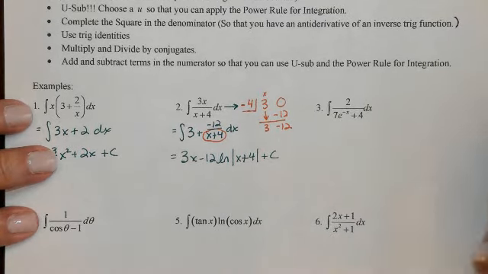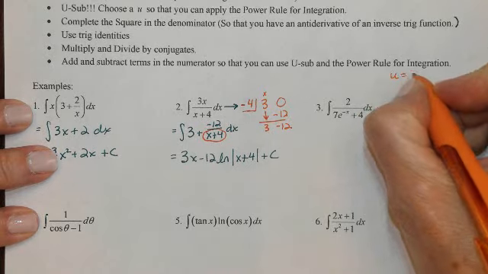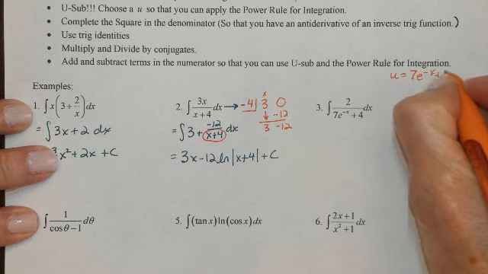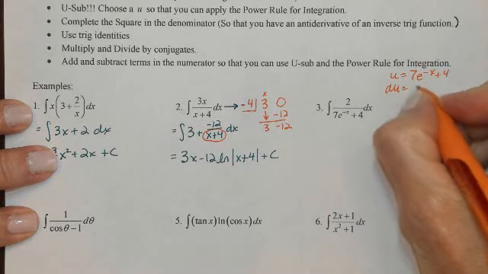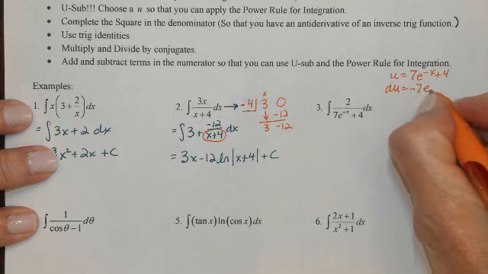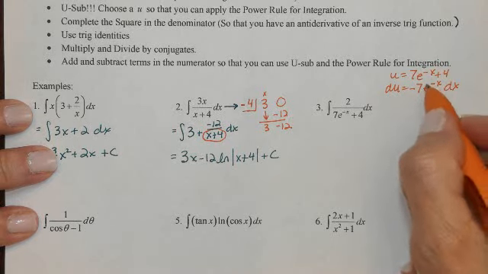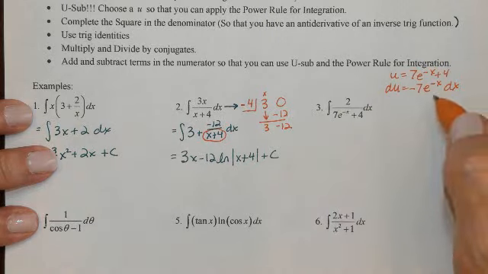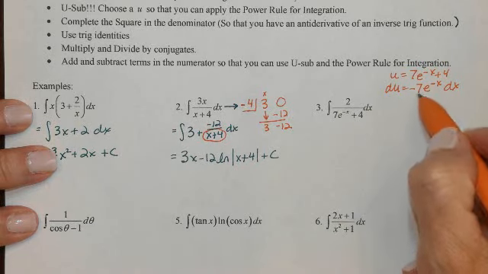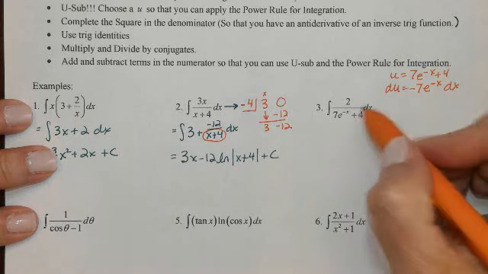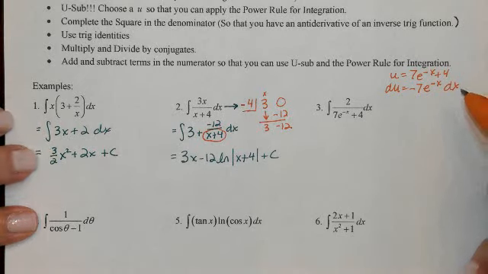But this is what my thought process is. If I let u be that bottom, what would du be? Du would be negative 7 e to the negative x dx. This is why we have to know how to do all of the derivatives, you guys, because of your u sub. You need to know every derivative to integrate, okay?